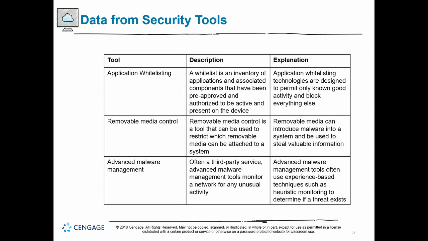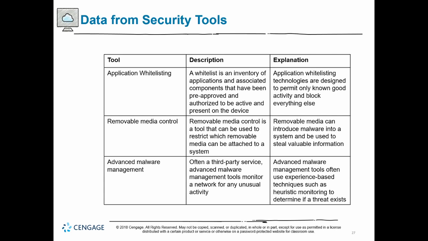Removable media. Remember, removable media control is a tool that can be used to restrict which removable media can be attached to a system. Nowadays it's mostly with your antivirus or a DLP software or a management system that you can use to take care of removable media.